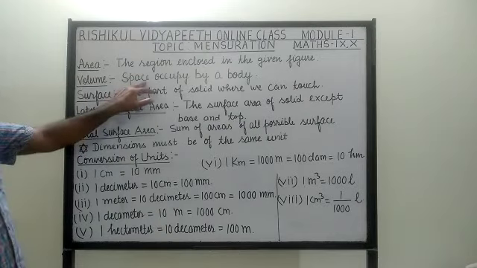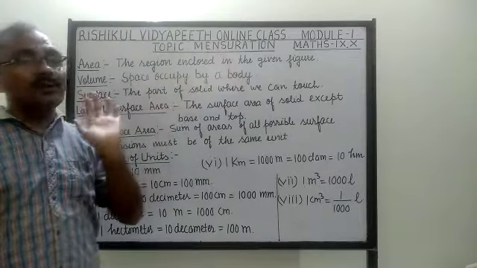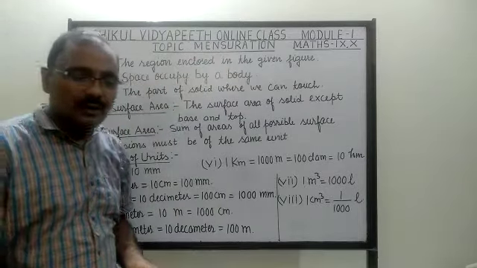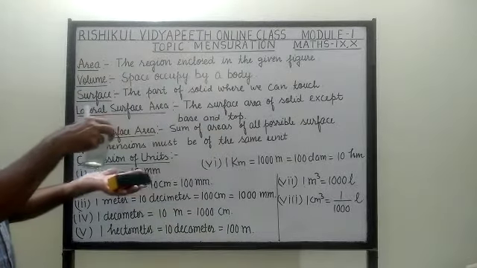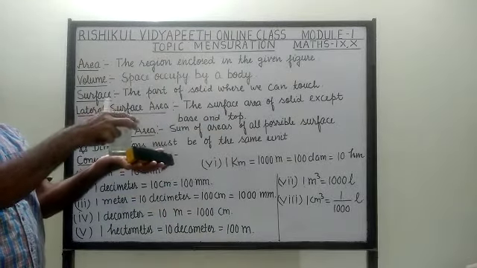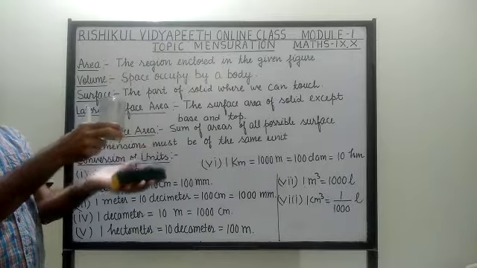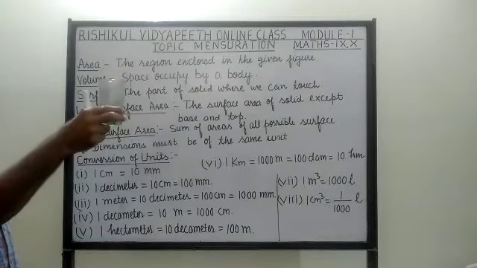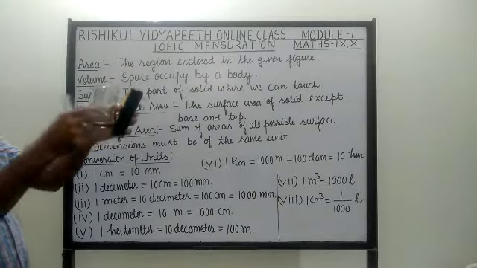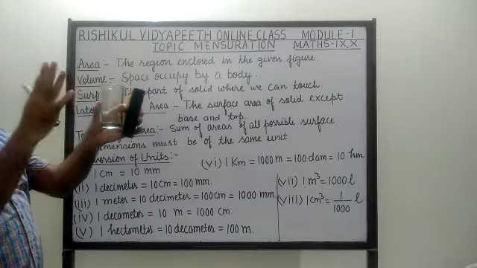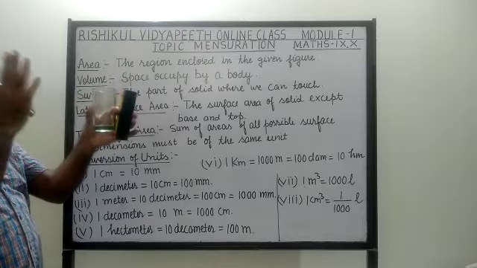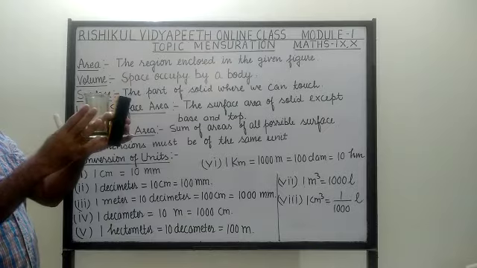The space occupied by a body. For example, this glass, how much amount of water this glass has, that is called volume of the glass, or you can say capacity of this glass.